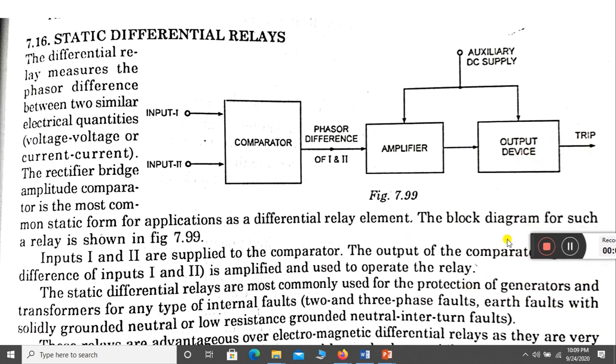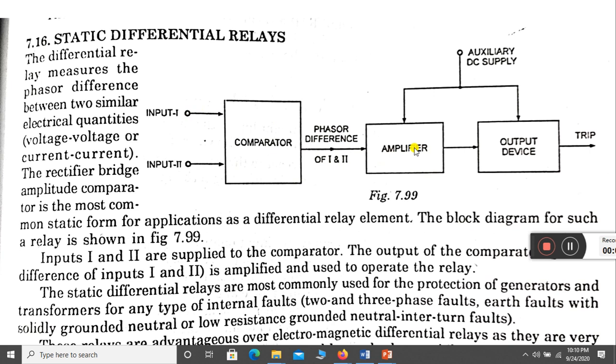We will discuss the diagram once more. We have a comparator. In general, a rectifier type amplitude comparator is used here, and the inputs to the comparator may be two voltage quantities or two current quantities. The comparator compares the phasor difference between inputs 1 and 2, and this is given to the amplifier.